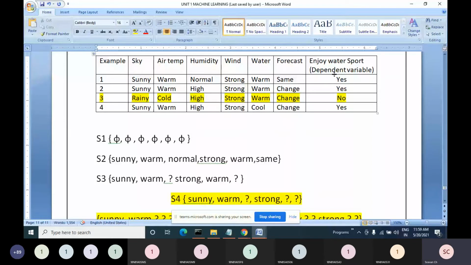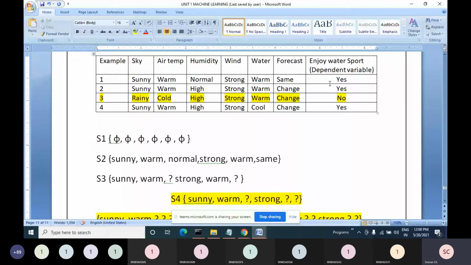There are 6 parameters: sky, air temperature, humidity, wind, water, forecast. Based on the values of these 6 parameters, my friend will decide whether he will go for a water sport or not.